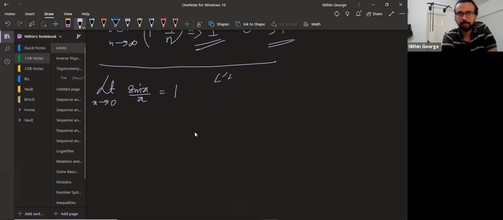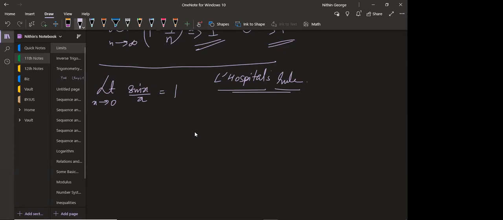You can apply this rule. What is this rule? I taught this rule last class. I just gave a slight intro to this rule. Differentiate numerator and denominator until it gets 0 by 0 form. Correct.